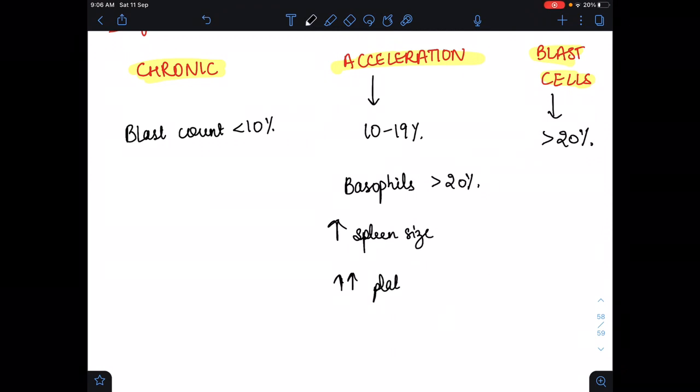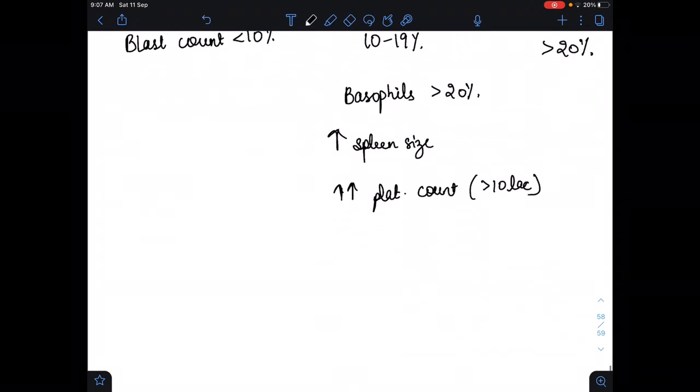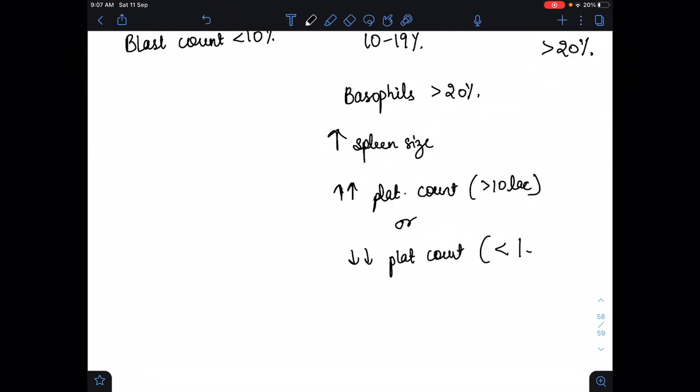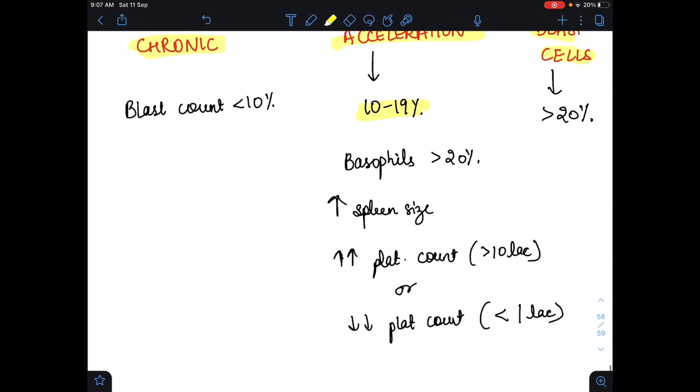The platelet count is either increased, more than 10 lakh, or decreased, less than 1 lakh. So in the accelerated phase, we see blast count between 10 to 19%, basophils increased, and splenomegaly.